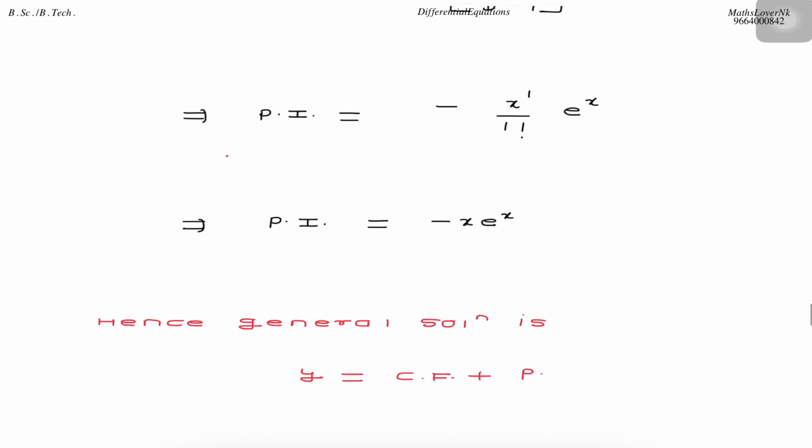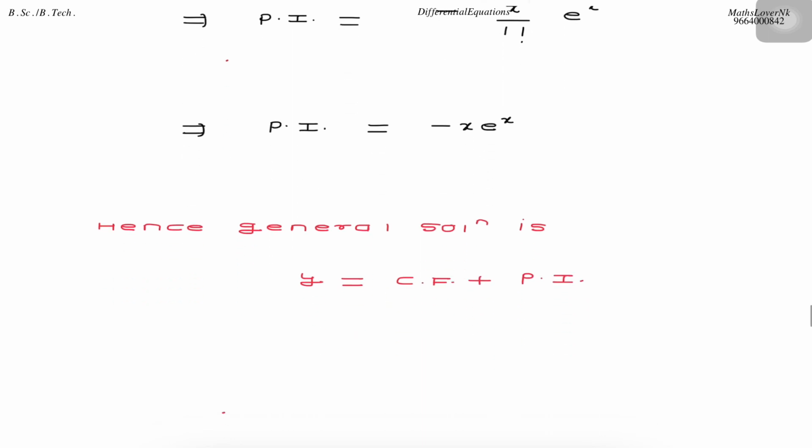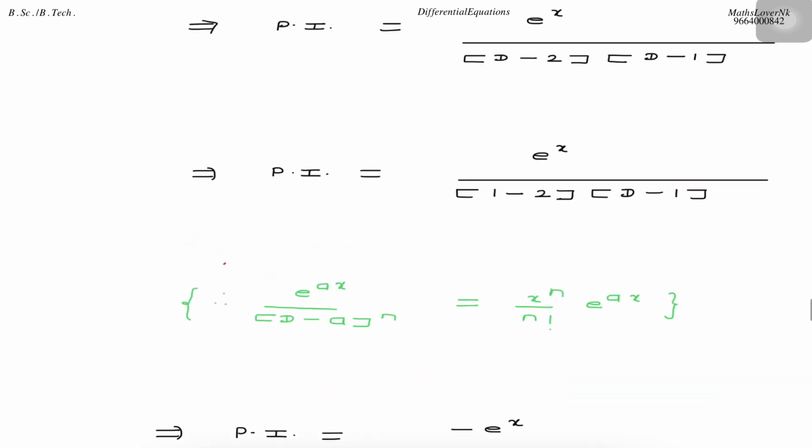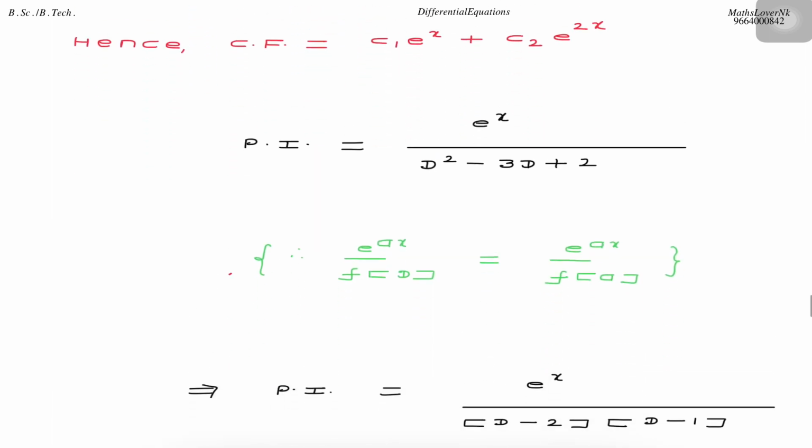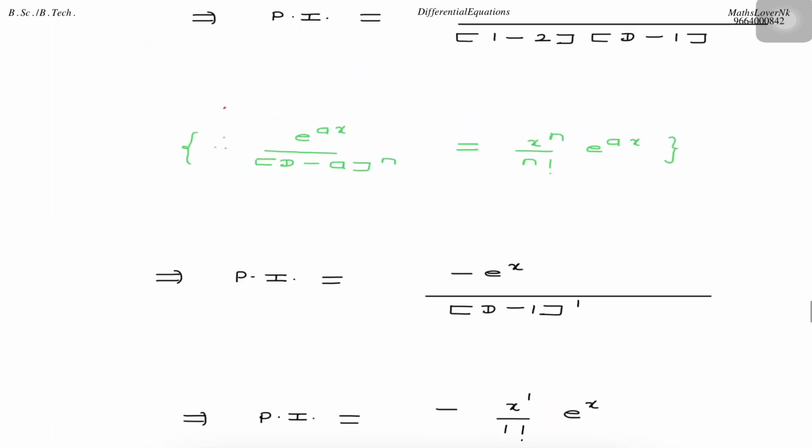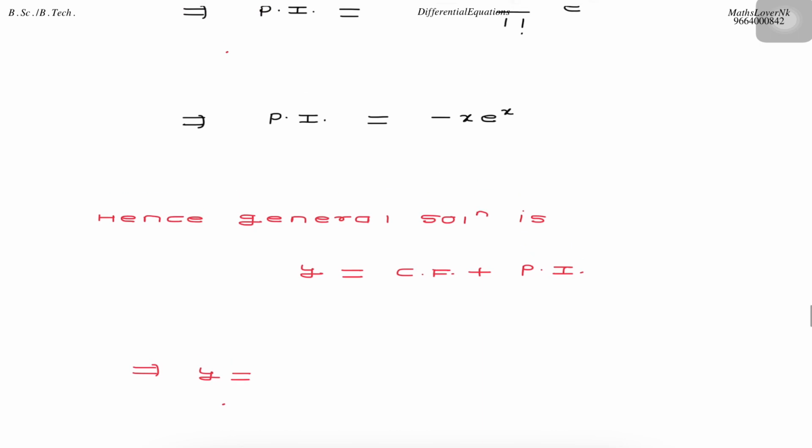So y is equal to CF, that is c1 e the power x plus c2 e the power 2x, minus x into e the power x.